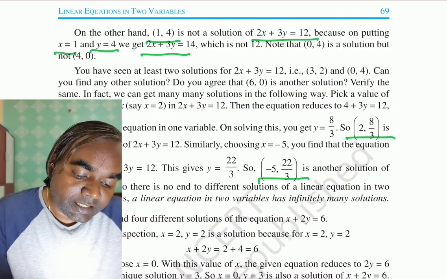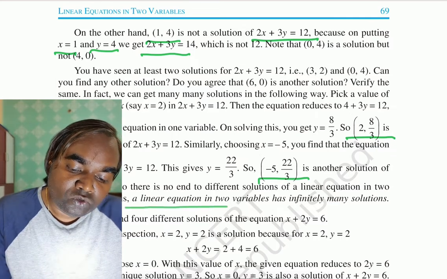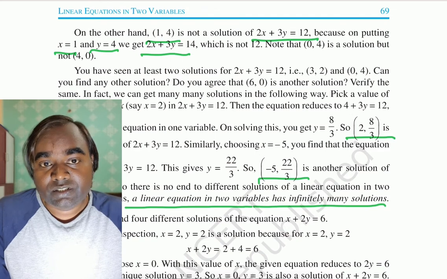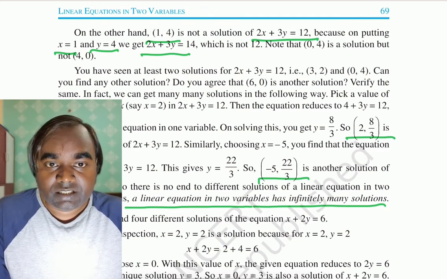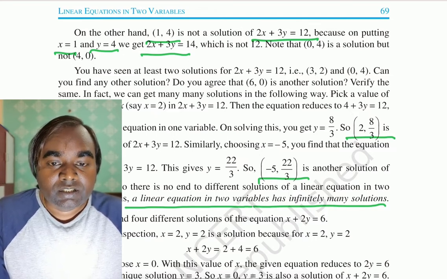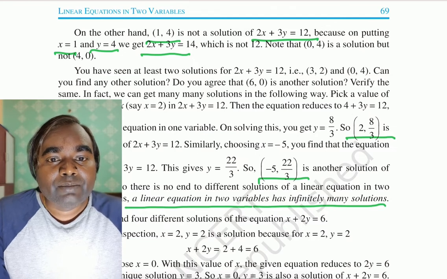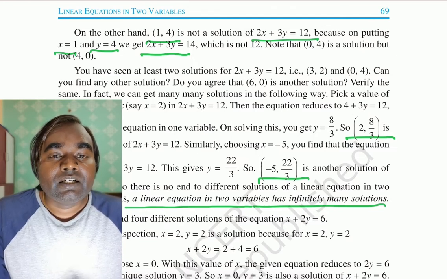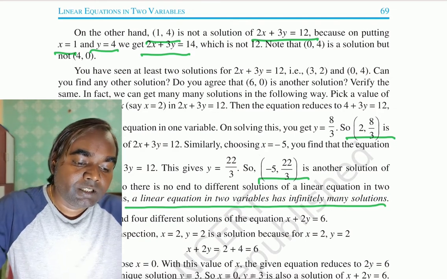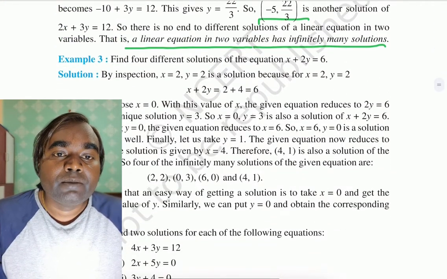That is, a linear equation in two variables has infinitely many solutions. So mind it, note it. Any linear equation in two variables may have infinitely many solutions, and all these solutions can be represented on a number line.